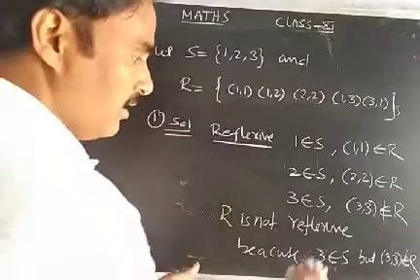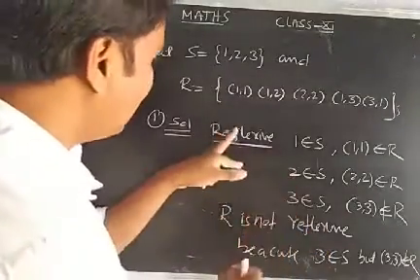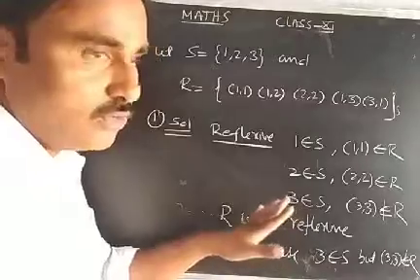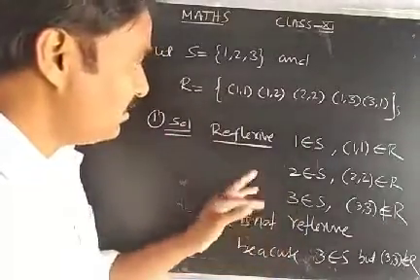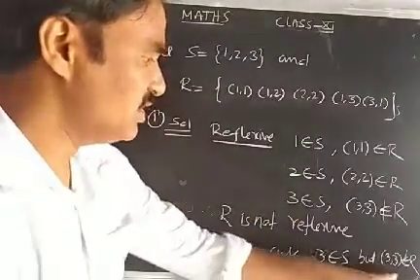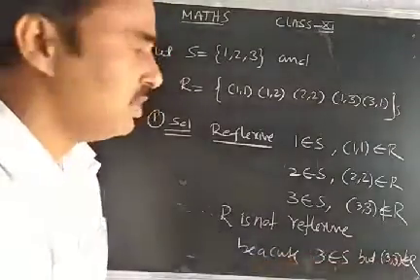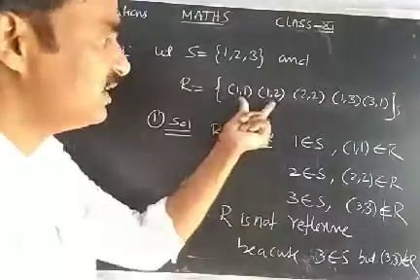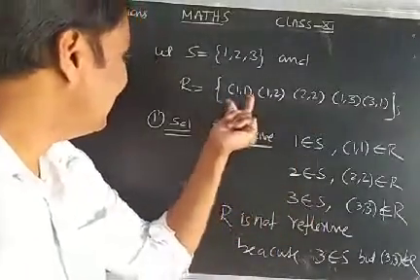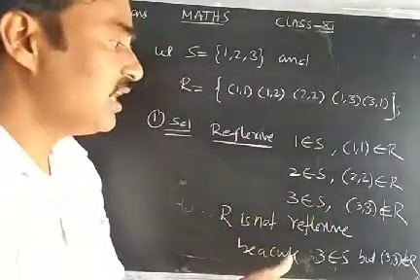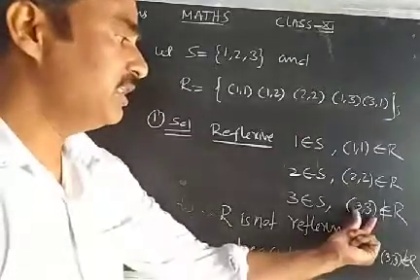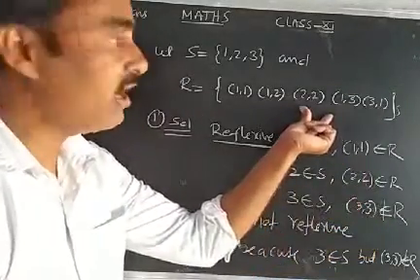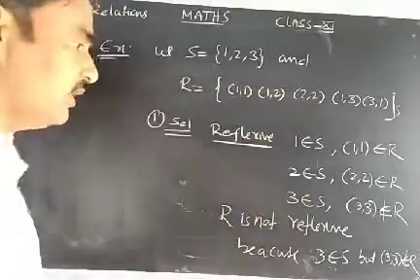Now I concluded this relation is not reflexive. I gave the reason why: because (3,3) does not belong to R. Now I am going to make this relation reflexive. Which ordered pair is needed? (3,3). If (3,3) is included in R, then R becomes reflexive. How many ordered pairs are asked, the minimum number?